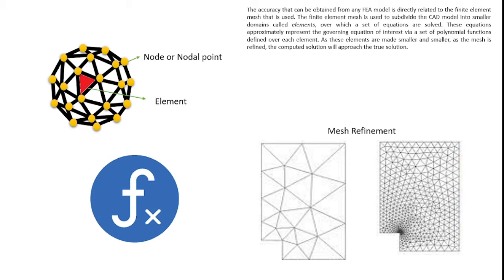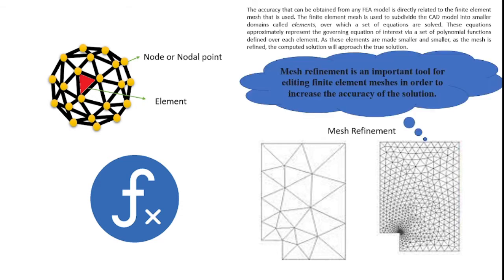As these elements are made smaller and smaller, mesh refinement is also needed to get an accurate result from the developed finite element analysis model. Here I have one question: what is mesh refinement? Mesh refinement is an important tool for editing finite element meshes in order to increase the accuracy of the solution.